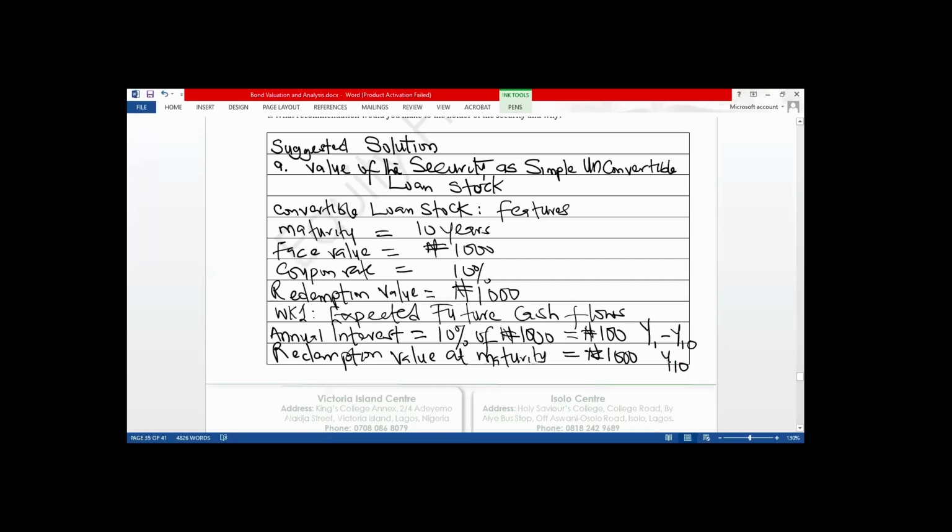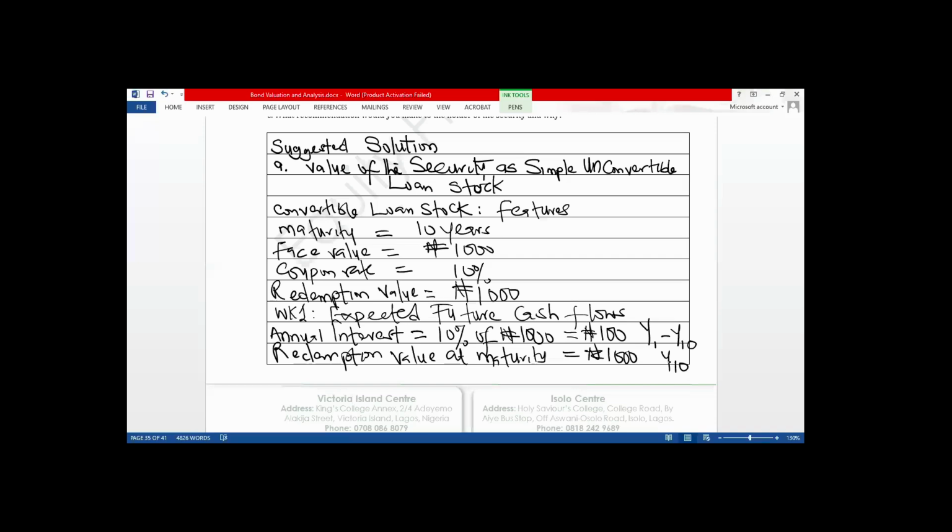You have gotten the expected future cash flows of the convertible loan stock. We now need to discount these cash flows to their present value.